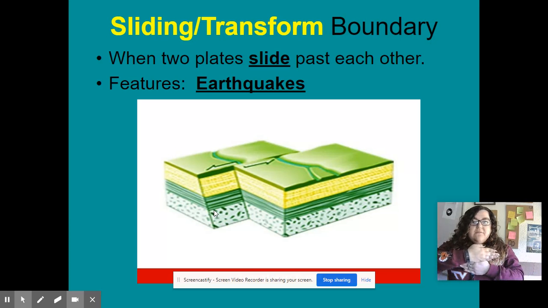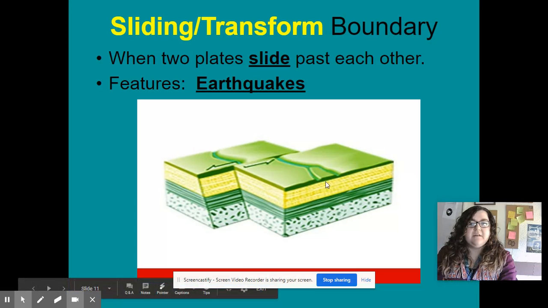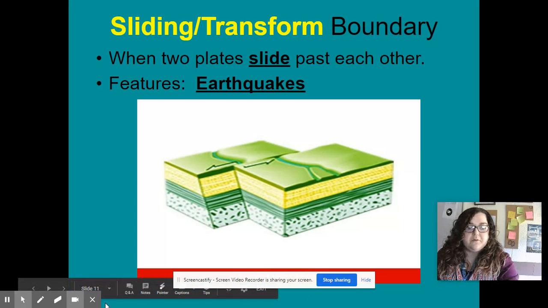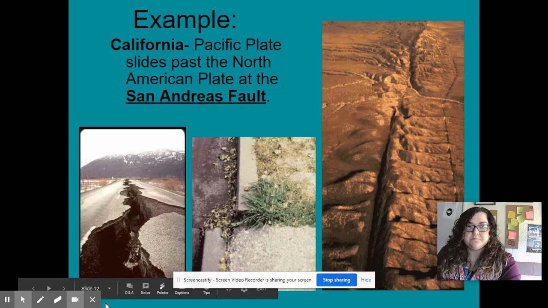So the main feature of this is going to be an earthquake because they're not pushing up or pushing down on each other, just literally kind of like if you're going through a crowd, whenever your shoulders bump other people's shoulders, it creates a little tussle almost. That's kind of like what these do, but clearly on a much larger scale.